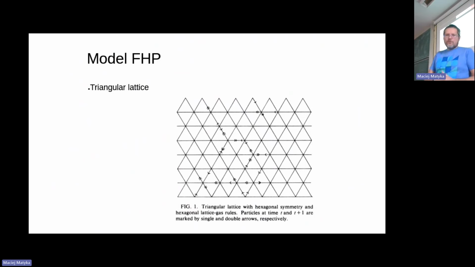Okay, so basically we start with the triangular lattice. This is directly from the paper. It shows the particles that travel into the given site. Particles at time t and t+1 are marked by single and double arrows respectively.